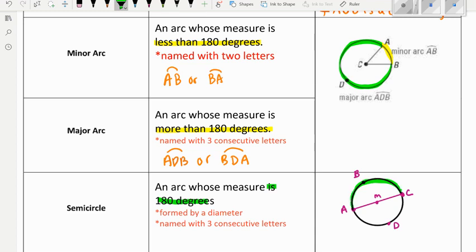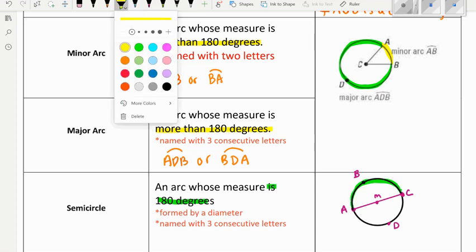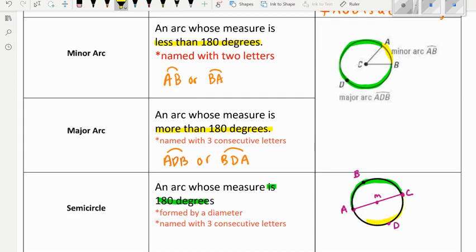Or of course, you could use this side over here as well. So if we do this top arc and name it, we would say this is arc ABC, or you could say arc CBA. And if you did the one that's yellow, you could say ADC, or arc CDA.